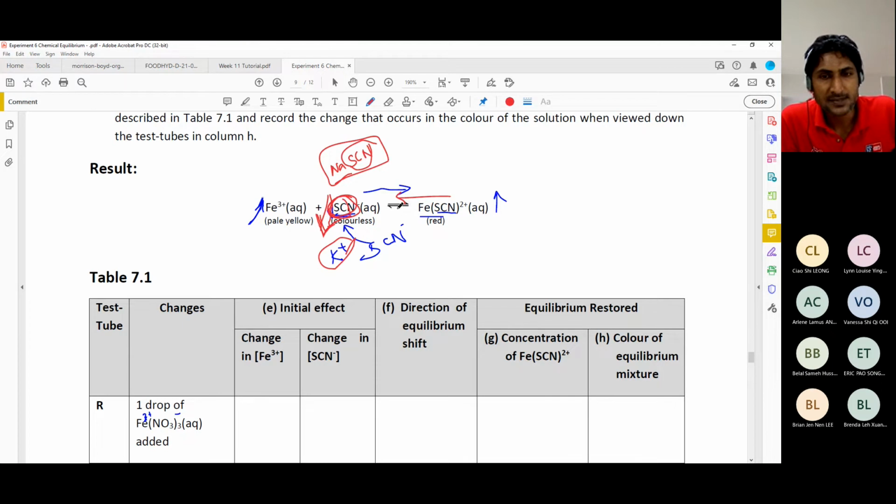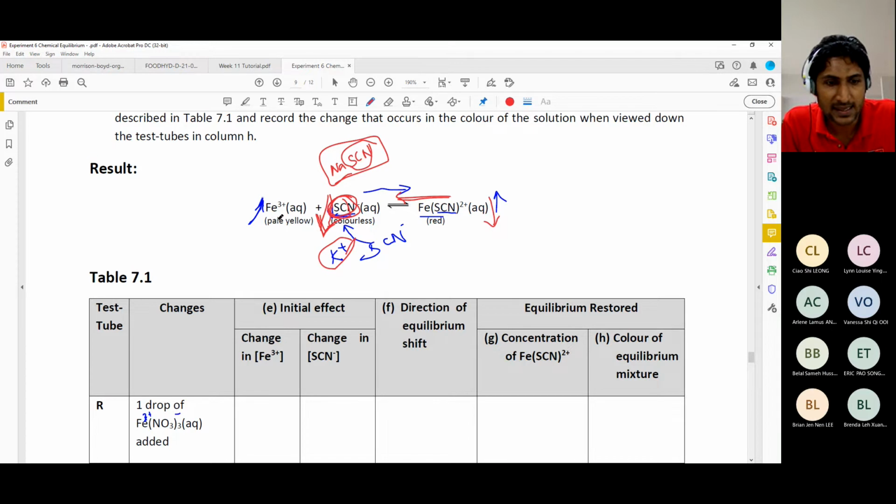So to fill up these vacuums, FeSCN was forced to go backward, so thiocyanide can be produced. So that means it is also reducing, right?